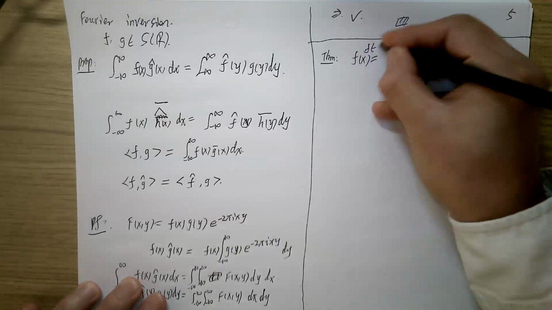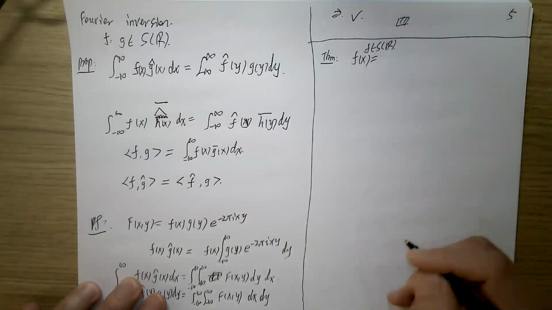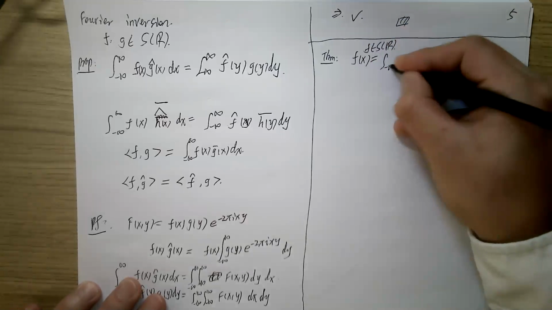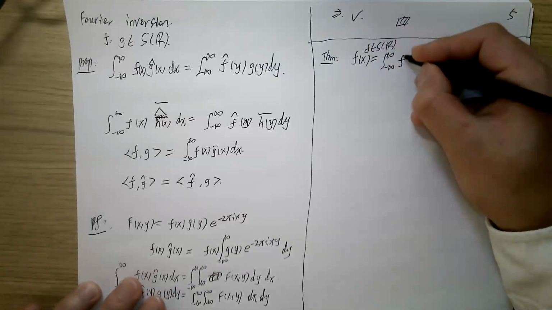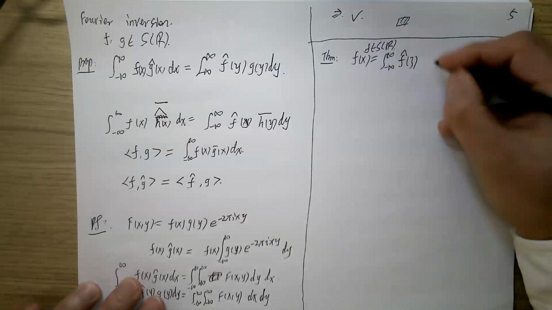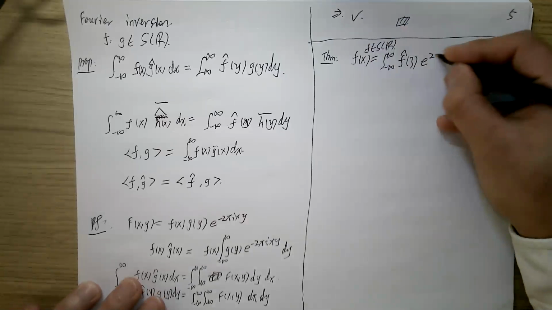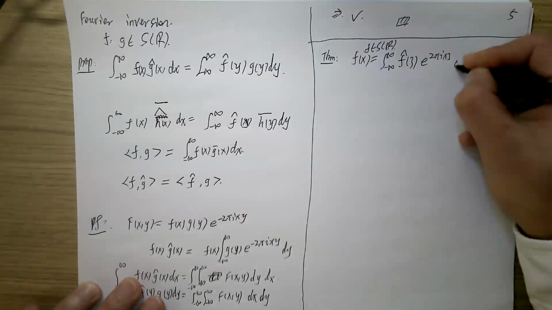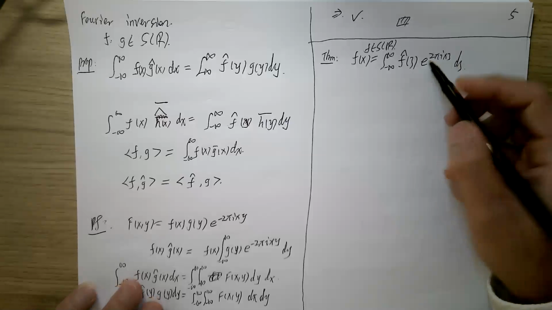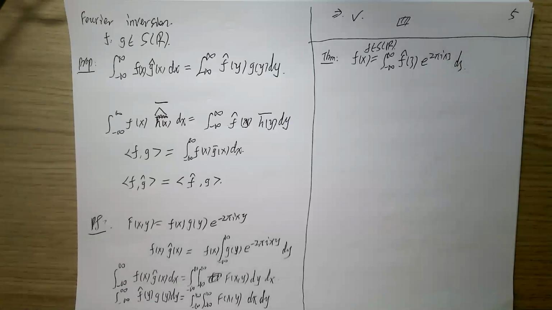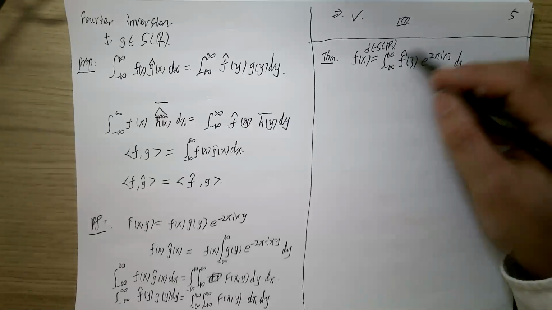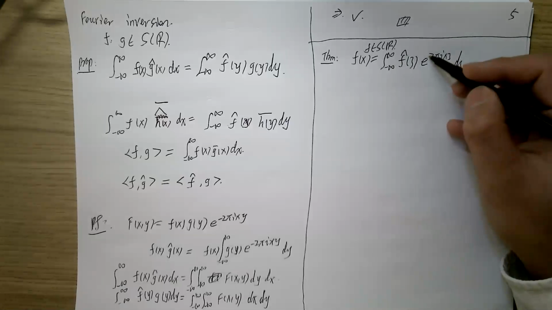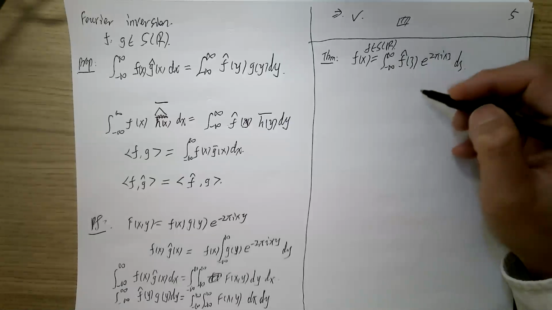Let's say f is a Schwartz function. Okay, then f(x) is the integral of f̂(ξ) e to the 2 pi i x ξ dξ. You can see that the only difference here is, other than the Fourier transform, I don't have a minus sign here. Okay.